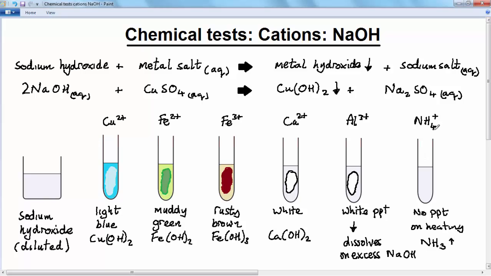NH4 is the ammonium ion, so we're going to get NH3, ammonia, liberated on heating, and you'll probably immediately know the smell of ammonia. It's got a very distinctive, unpleasant, sharp smell, but that can be tested with moist litmus paper. It will change moist red litmus to a blue colour, indicating the presence of a strong alkali.